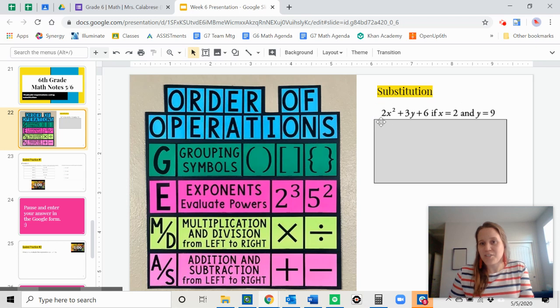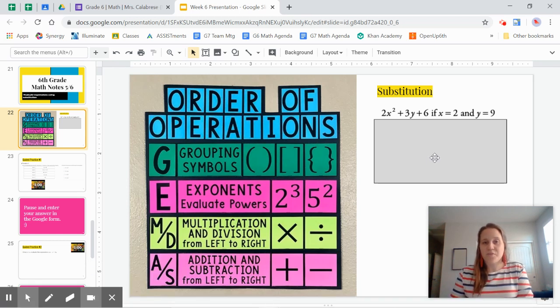So looking at this question, 2x squared plus 3y plus 6 if x equals 2 and y equals 9. We're going to take the value of those two variables and replace the variable with that number.